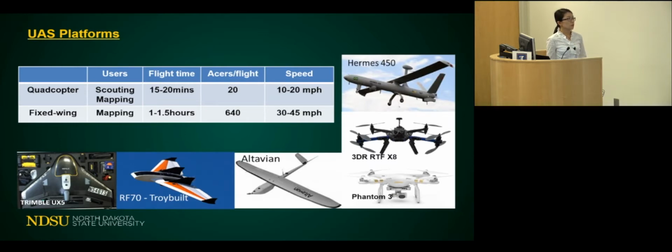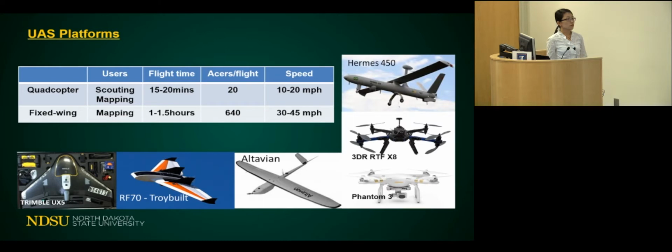The fixed ones we usually call large-size UAVs. They can fly about 1 hour to 1.5 hours per flight, covering about 640 acres per flight. The speed is much faster than the quadcopter, about 30 to 45 miles per hour.